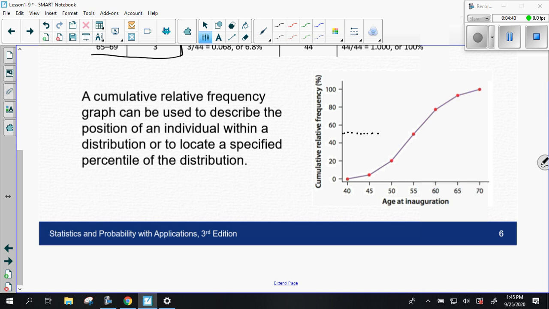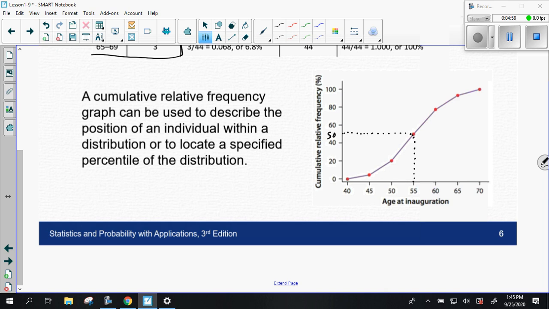So I would come over and say, it looks like a person who was 55 at inauguration is at about the 50th percentile. That's how we'll read that.